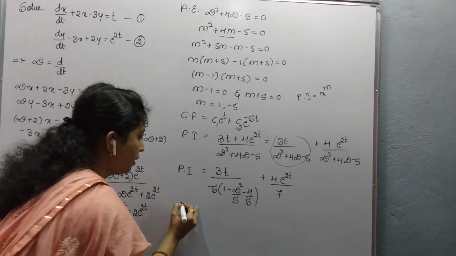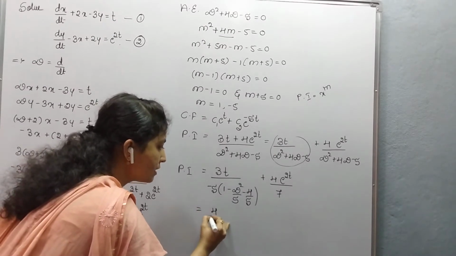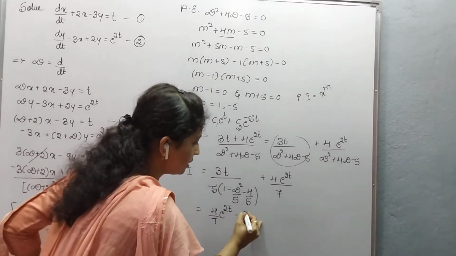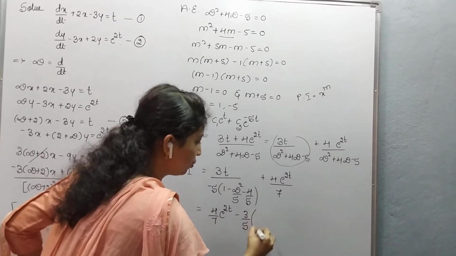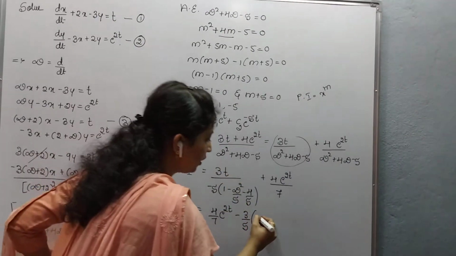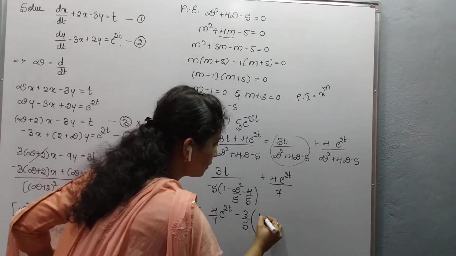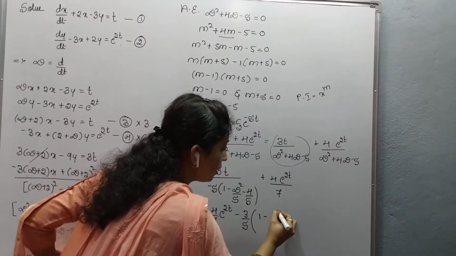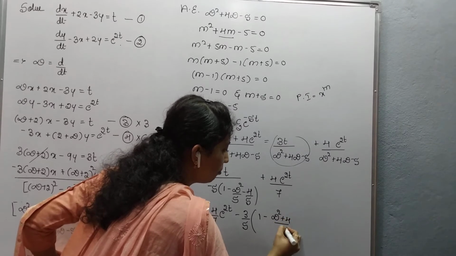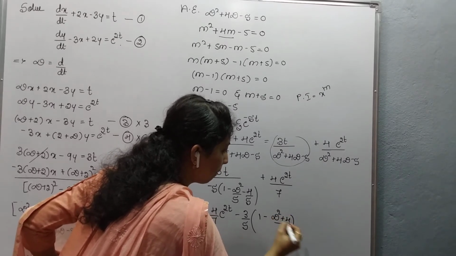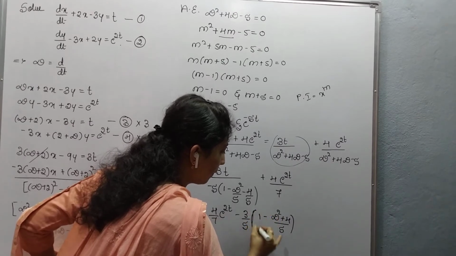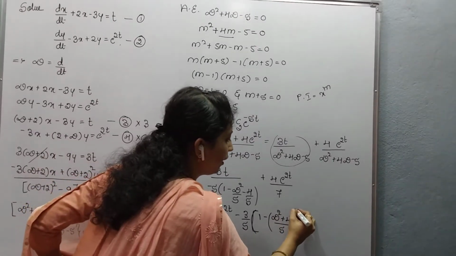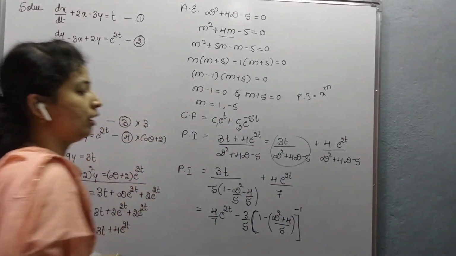Then the next particular integral is 4 by 7 e raised to 2t, and here we write minus 3 divided by 5 into, bringing this denominator term to the numerator, minus 1, D square plus 4 whole divided by 5, whole to the power minus 1.